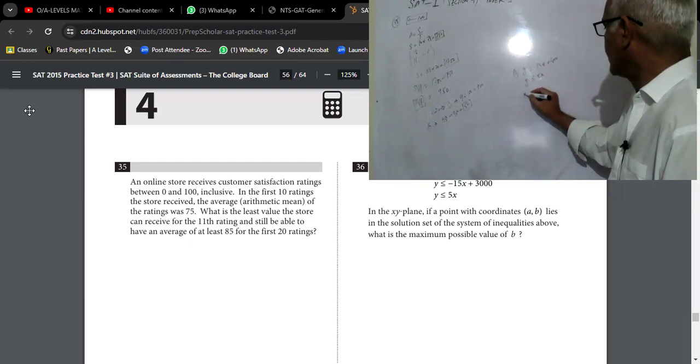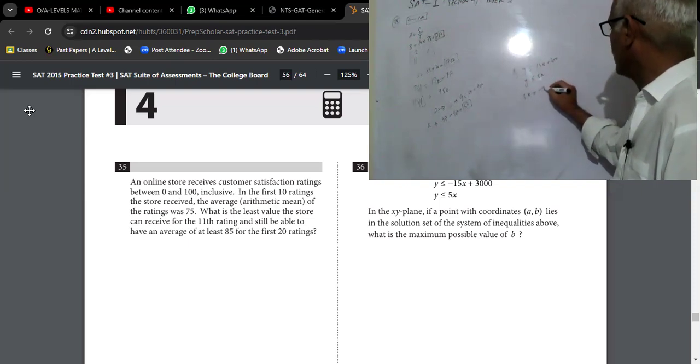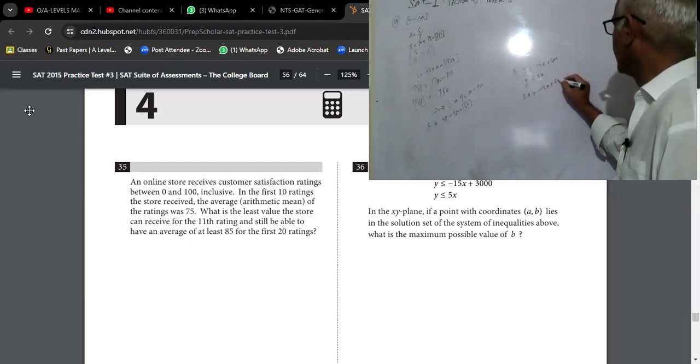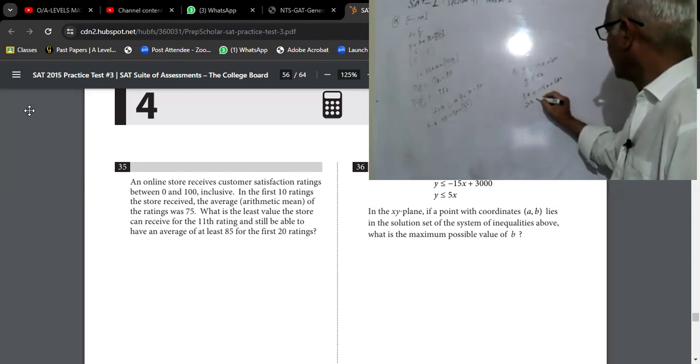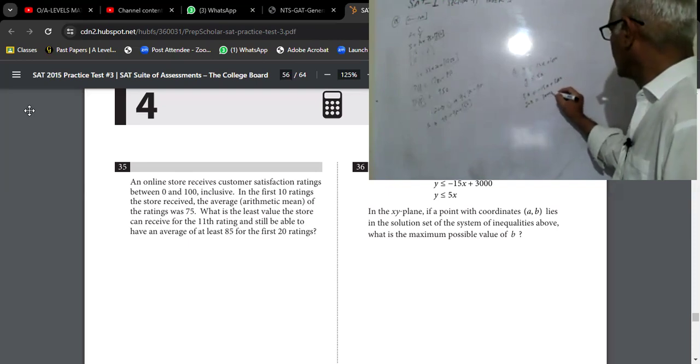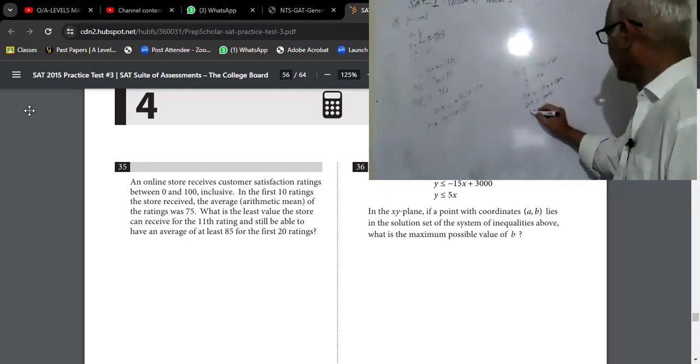So you can write it as 5x is equal to minus 15x plus 3000. So 20x is equal to 3000. So x is equal to 150.